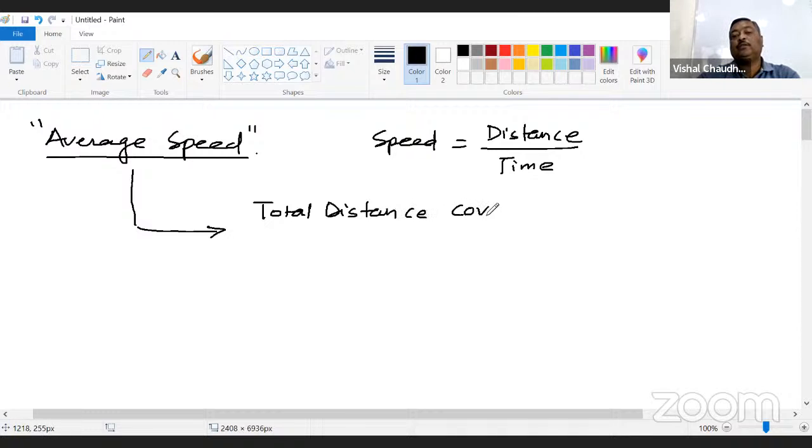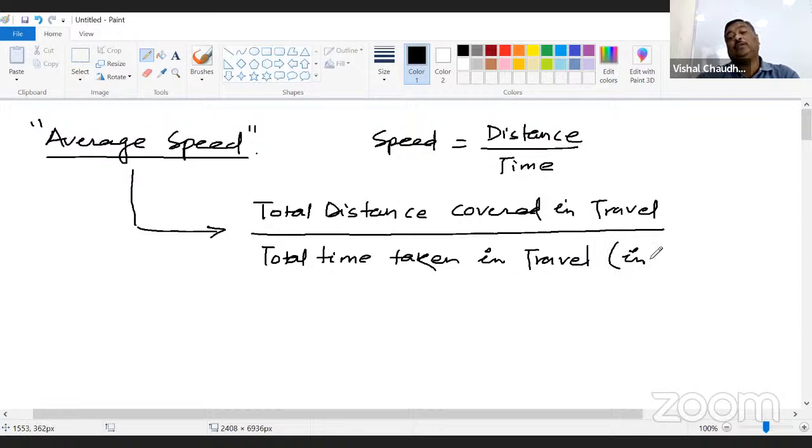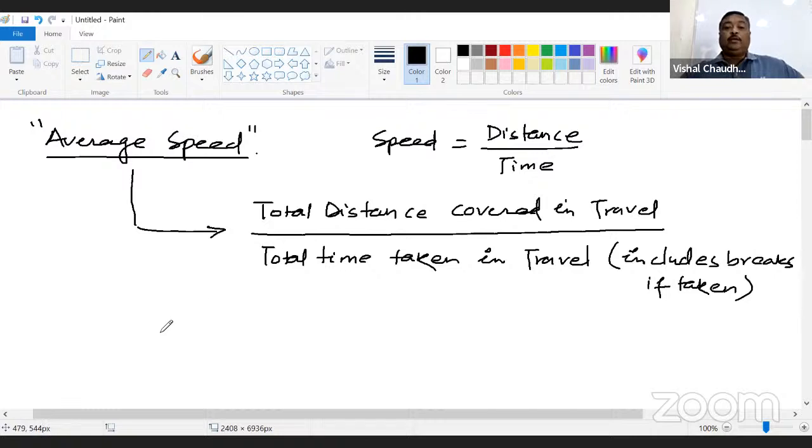Total distance covered in travel divided by total time taken in travel, which also includes breaks if taken.